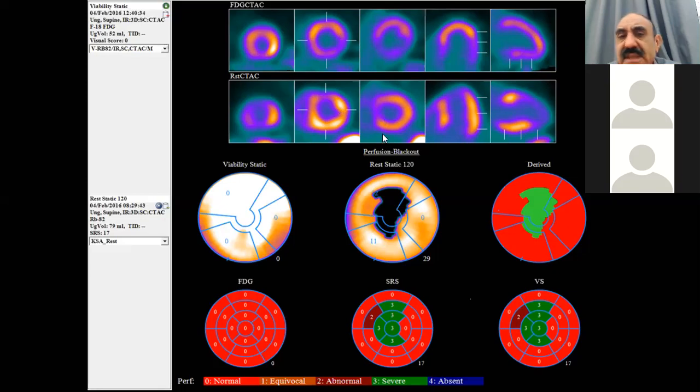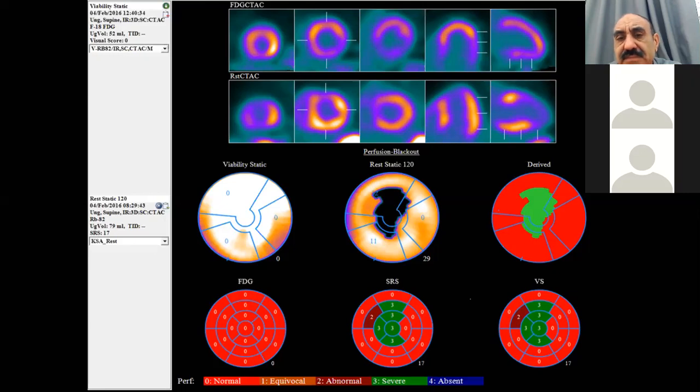So this patient has a very viable LAD area. If you remember in the angiogram, he has collaterals from the RCA to the LAD. So this is a patient whom you will send for PCI and stenting, and the cath lab consultant will be happy because it is expected that the patient will benefit from the intervention.